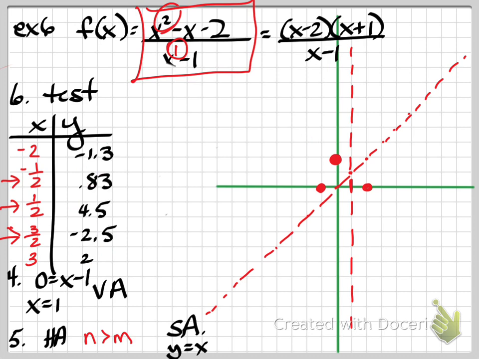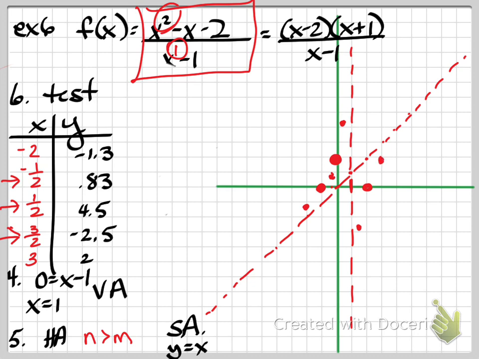Okay, I've got the right function in now, so I see the right table. So -2 is at -1.3. That looks better. It's hugging the asymptote more. -1/2 is at 0.83. +1/2 is at 4.5. 3/2 is at -2.5, and +3 is at 2.